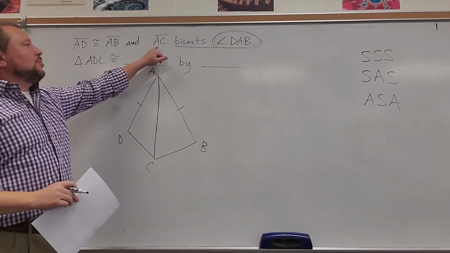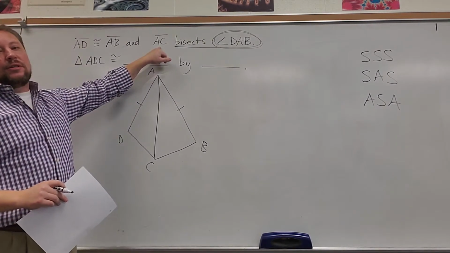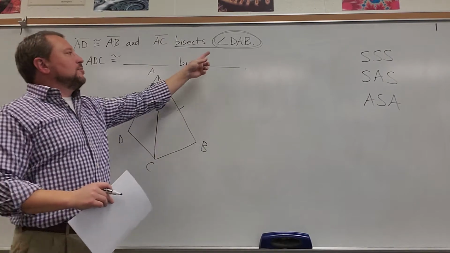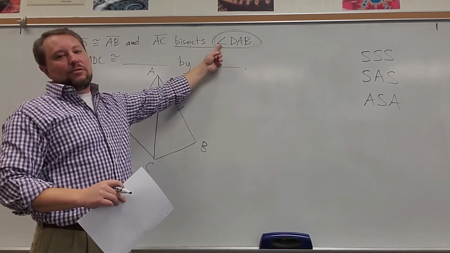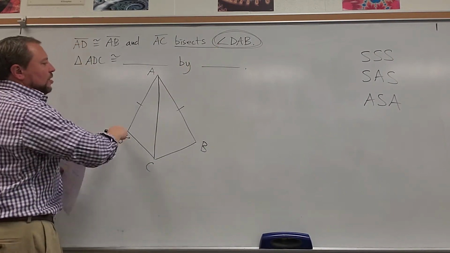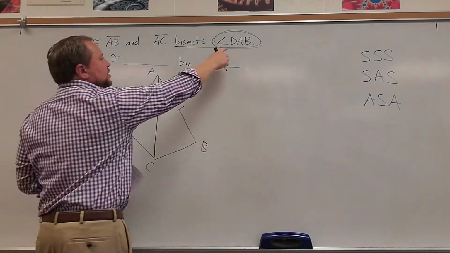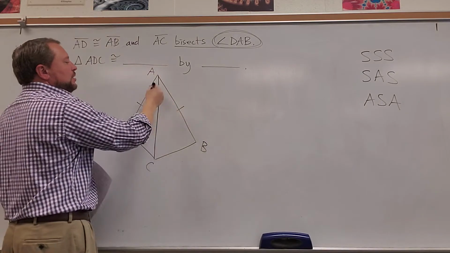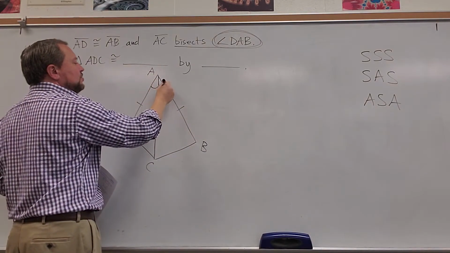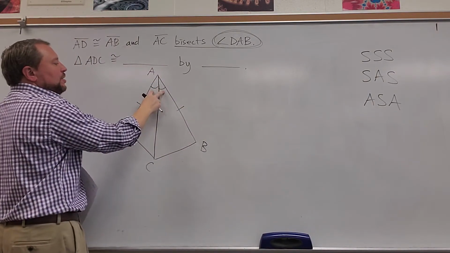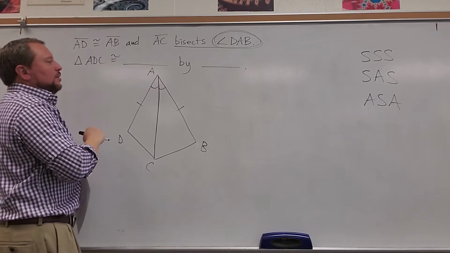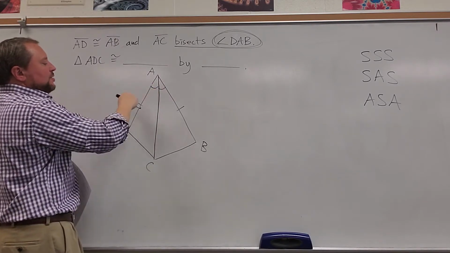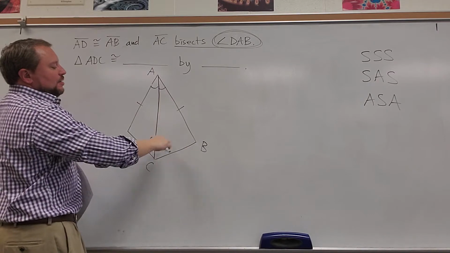So it's not two smaller sides, even though a side did the cutting. It's two smaller angles. They're saying this overall angle DAB just got split in half. So if I cut the overall angle DAB into two equal halves, it'd be those two right there at the top. It'd be both of the angle A's, one being called DAC, the other BAC.